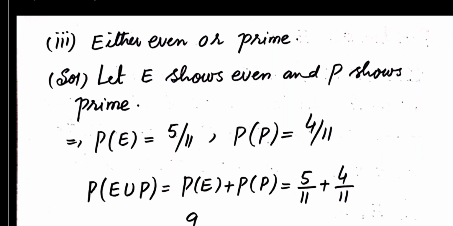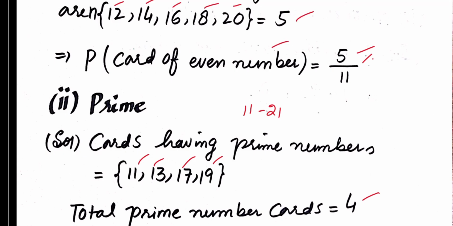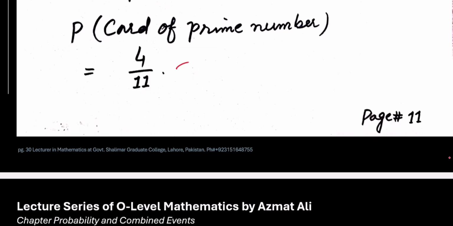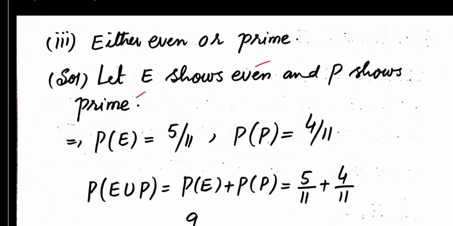Either even or prime, where E shows even number and P shows prime number. We have already found the probability of even number, this is 5 over 11, and the probability of prime number is 4 over 11.